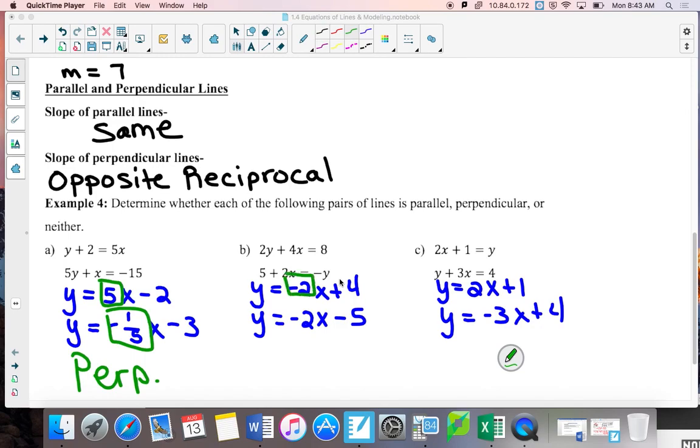Example B, slope is negative 2 and negative 2. Exact same slope, so these lines would be parallel to each other. And on this last one, slope of 2, slope of negative 3, so these are neither parallel nor perpendicular to each other.